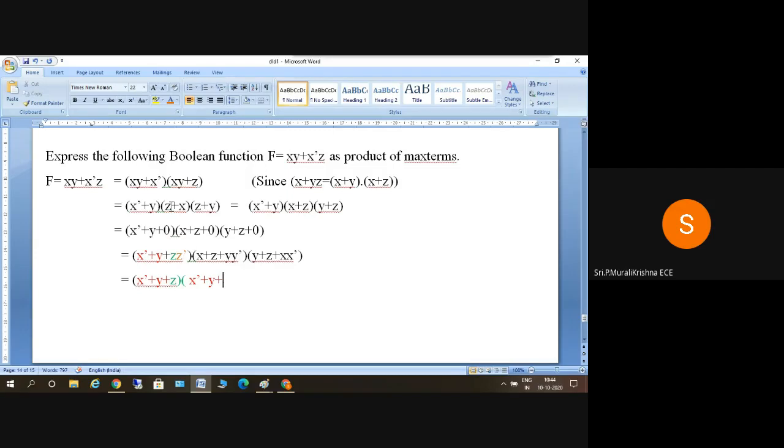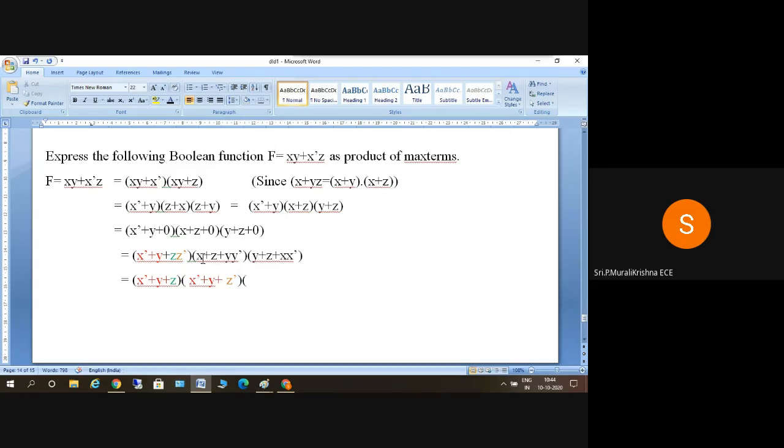Okay, so this is the formula here. Right, so (x plus y) into (x plus z). So this is what we got, a standard product form, I mean the canonical product form.